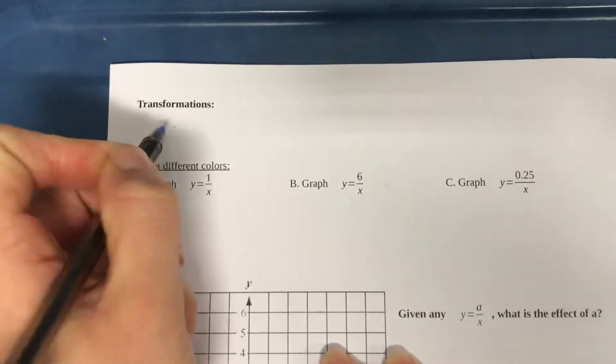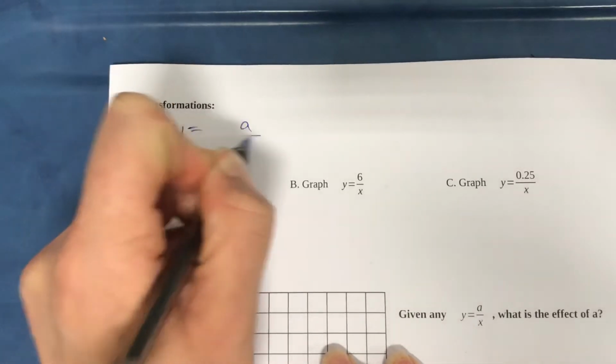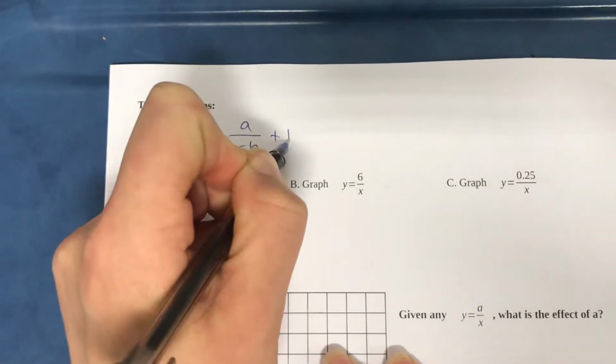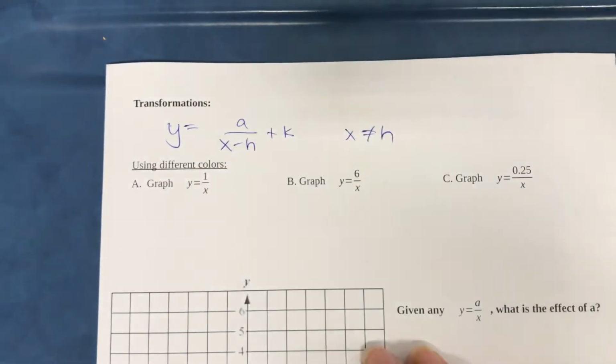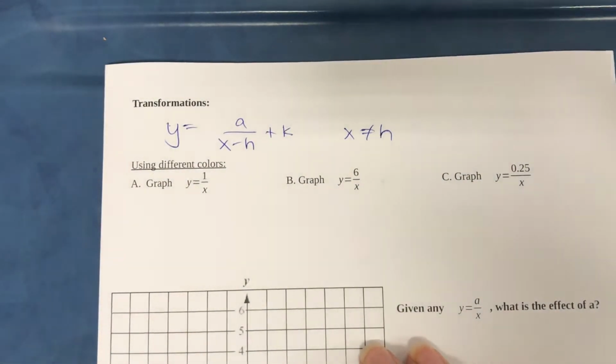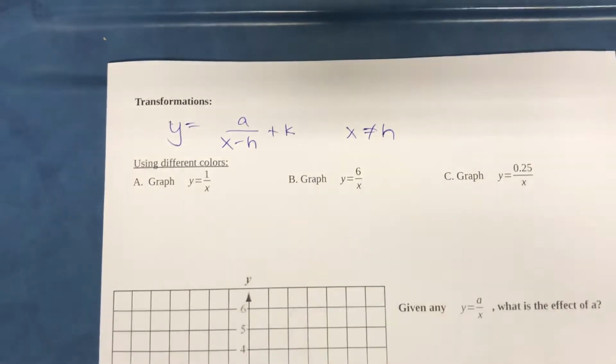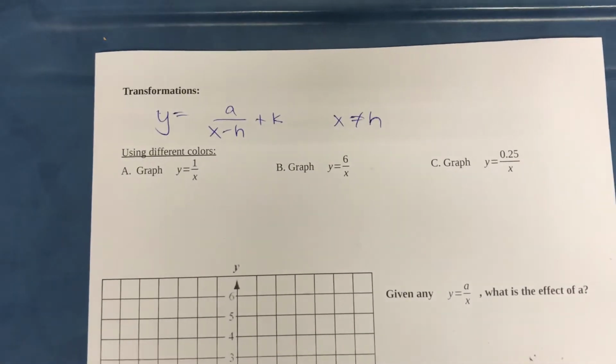So the general form here is y equals a over x minus h, plus k. However, in this case, x can't be h because that would be dividing by 0, but that's just an extra thing.